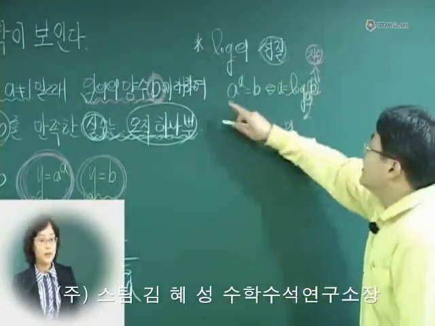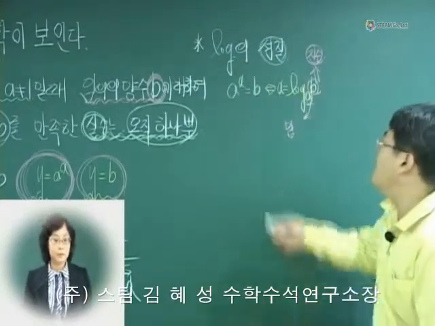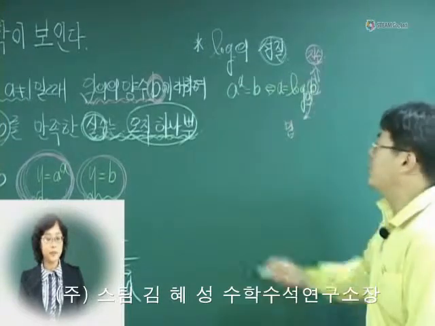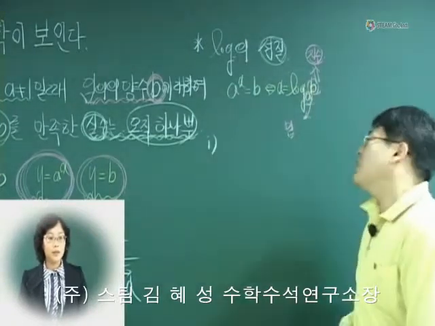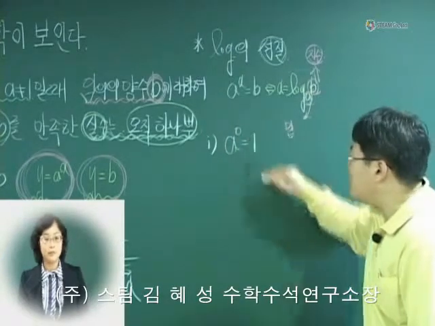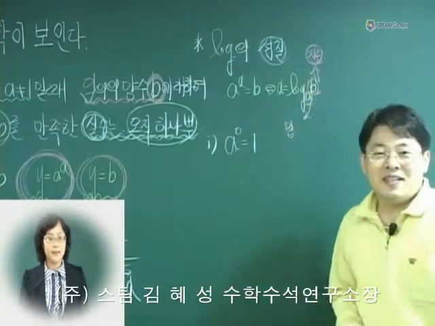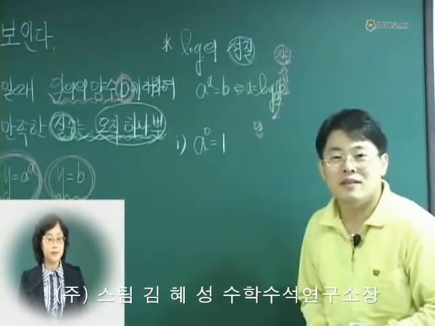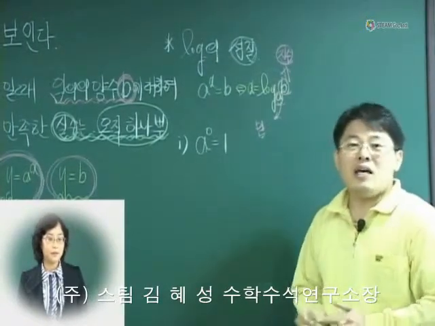Okay, what are the properties of log? First one: the 0 power of every number becomes 1. Here, we have to know why it becomes this way.